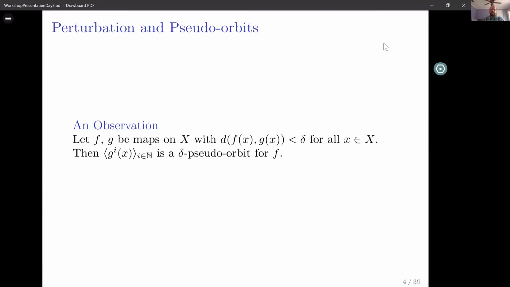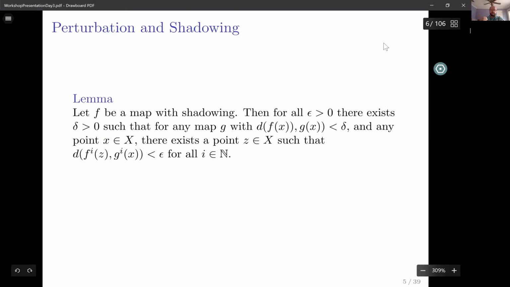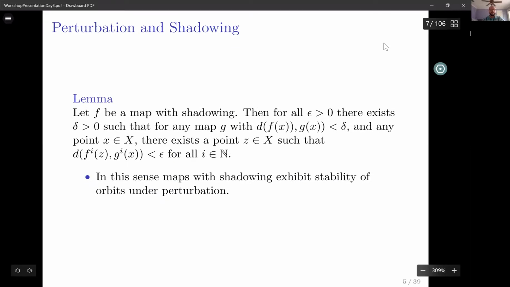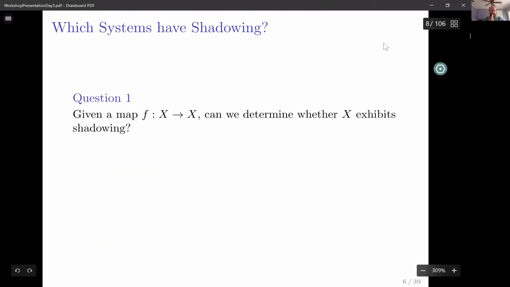So if we have shadowing, then the orbits for g, if g is near f, are well approximated by orbits for f, because the orbits for g are pseudo-orbits for f. This relates to the various notions of stability. We talked about that briefly yesterday, but I wanted to make it a bit more formal here.